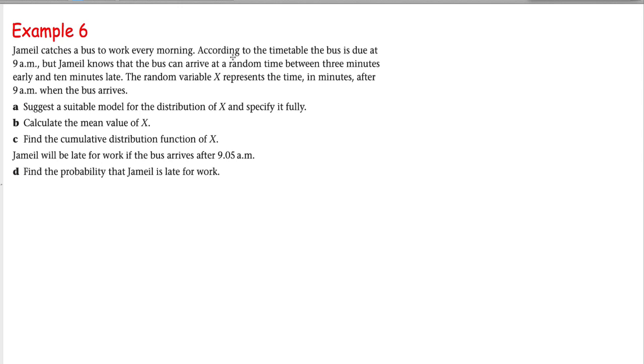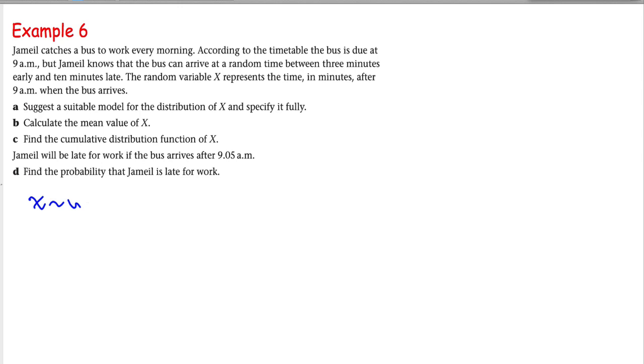Jamil catches a bus to work every morning. According to the timetable, the bus is due at 9 AM, but Jamil knows that the bus can arrive at a random time between 3 minutes early and 10 minutes late. The random variable x represents the time in minutes after 9 AM when the bus arrives. Suggest a suitable model for the distribution of x and specify it fully. Again, we're assuming that it's equally likely to arrive 3 minutes early as it is 10 minutes after. So it would follow a continuous uniform distribution.